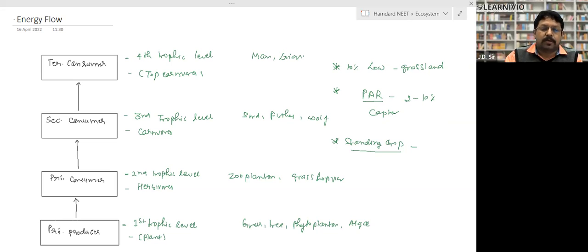Look, generally the notebook says that it's true, but it's not true everywhere. It's applicable for very limited examples. Actually, the 10% law says that whenever energy transfer takes place from one organism to another, as in the food chain.